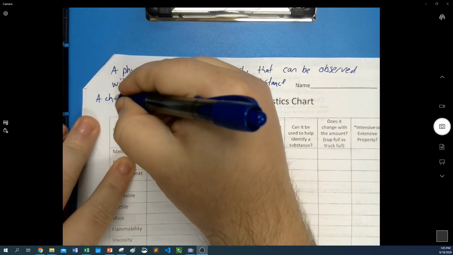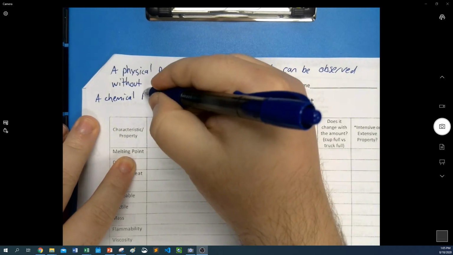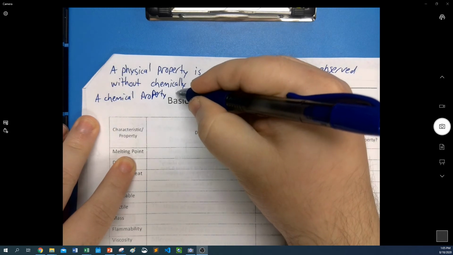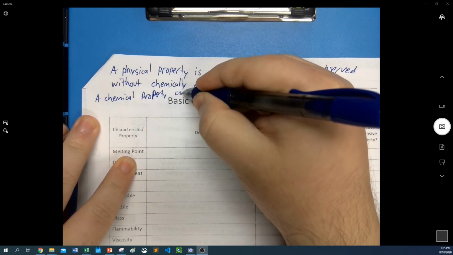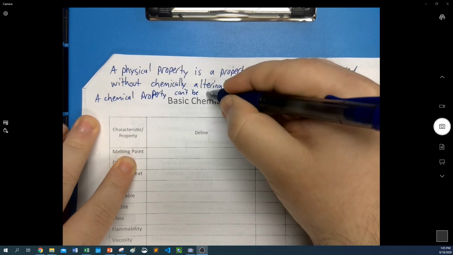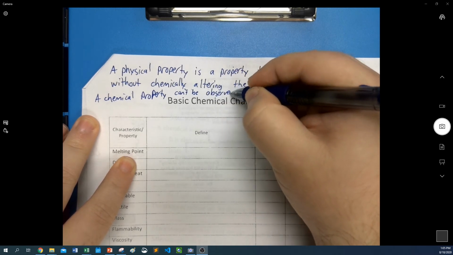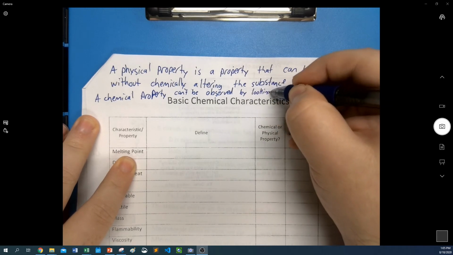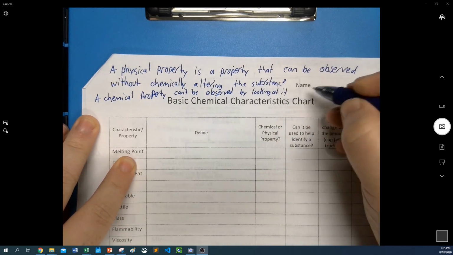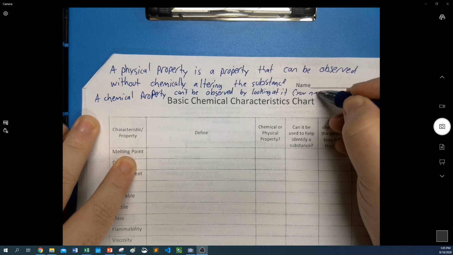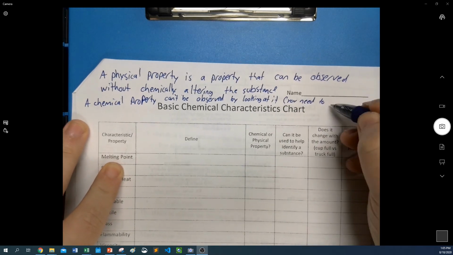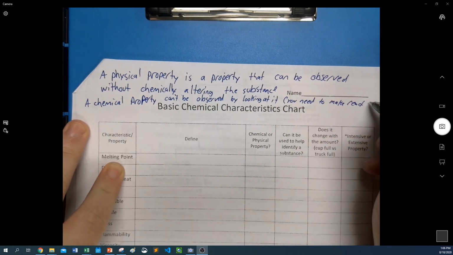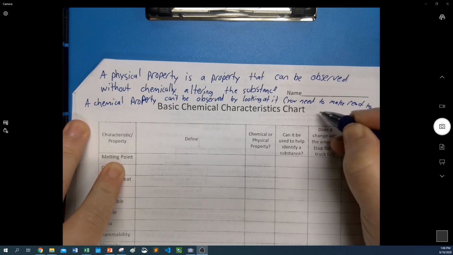A chemical property can't be observed by looking at it. You need to make it react to observe it.